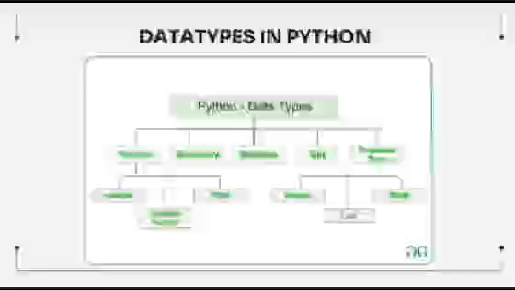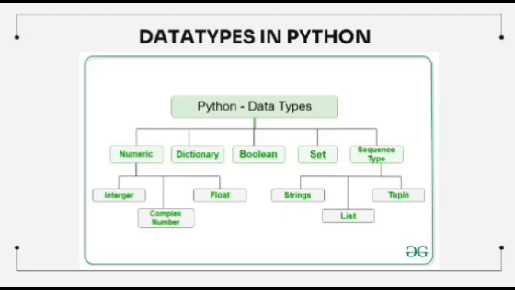Data types are of four types: numeric, dictionary, boolean, set, and sequence type. Numeric is again described in three types: integer, float, and complex number. Sequence types are defined as strings, tuple, and list.